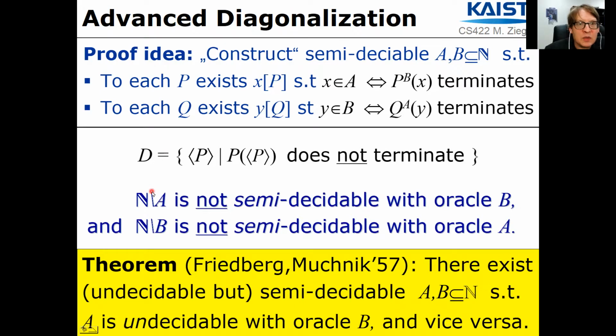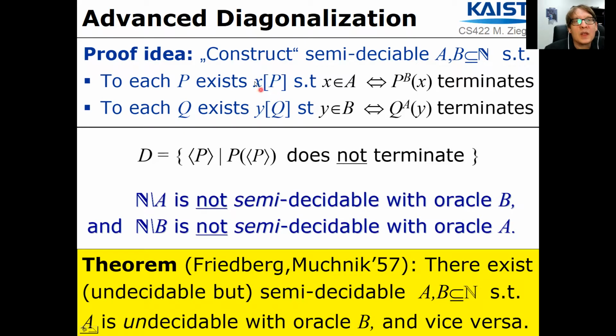And now to conclude the theorem by contradiction, suppose that there exists an algorithm that does semi-decide this complement with oracle B. Let's call that algorithm, while program P, and let's consider what this while program P does on input X, with X as indicated here.